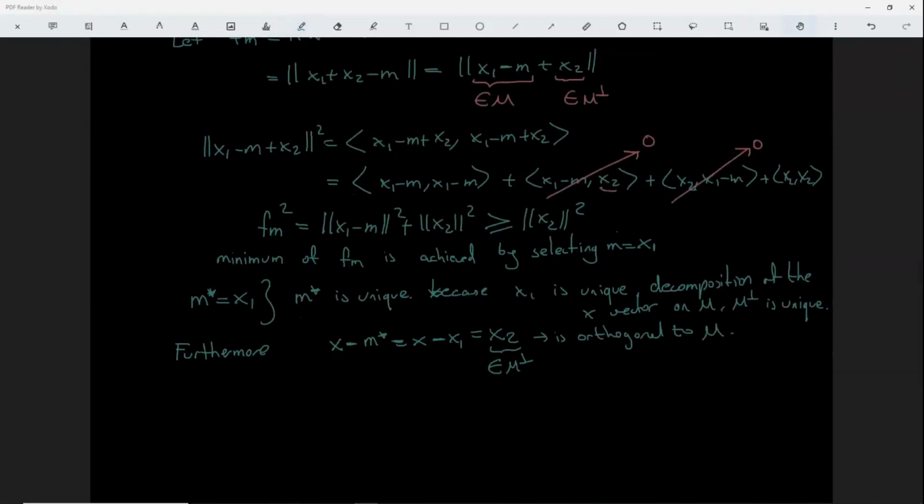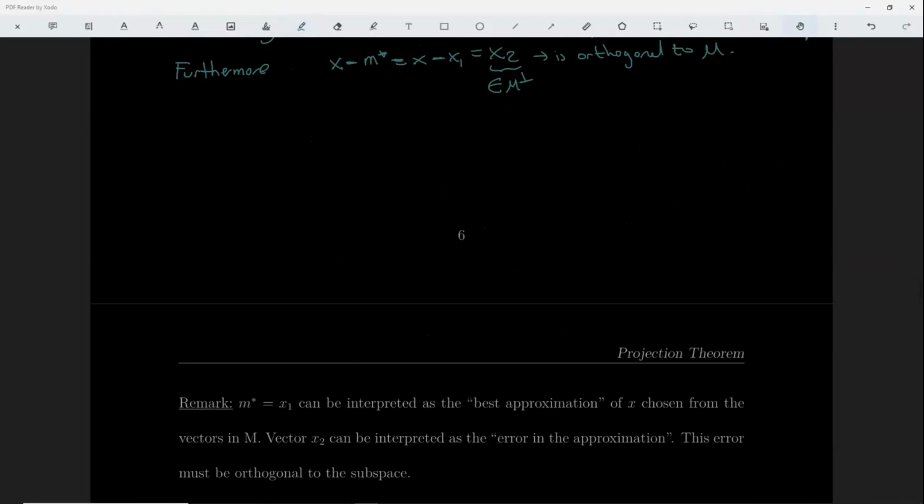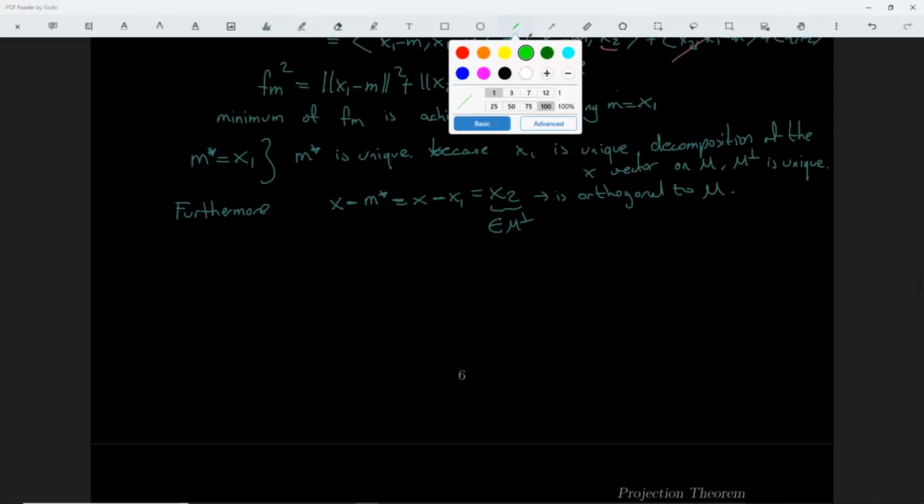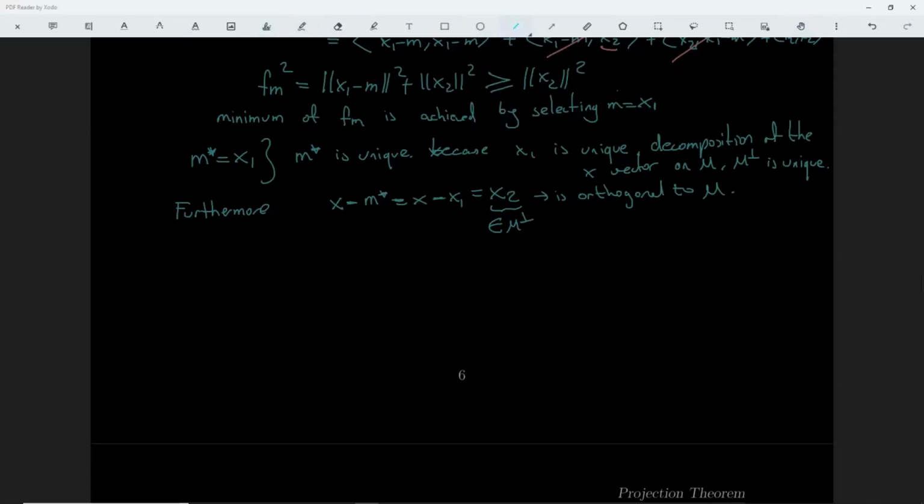So if we would like to express a pictorial representation of the theorem, it will be something like this. Let me draw.